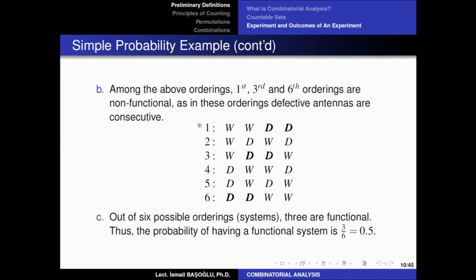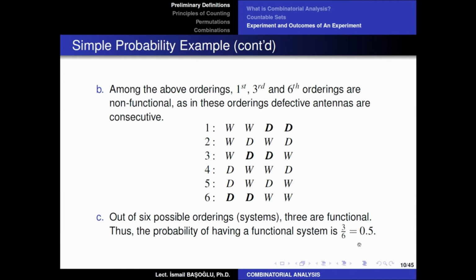We know that there are 6 possible orderings that we can create, but in only 3 of them the system is going to be functional. Therefore, we can say that out of 6 possible orderings, 3 of them are going to be functional. So we can say 3 out of 6, or as a ratio, 3/6, as the probability of having a functional system, which is going to be 0.5.